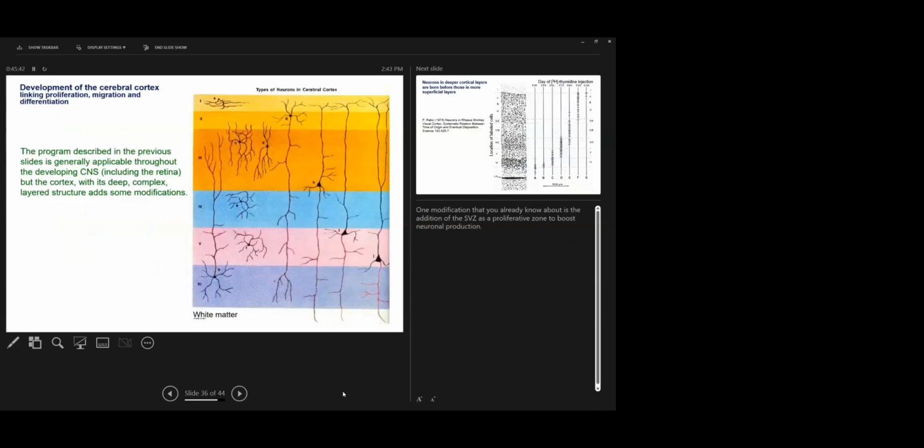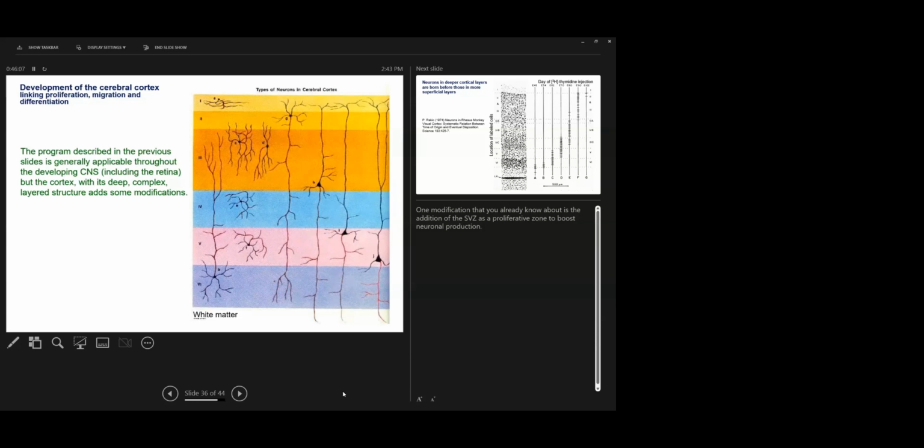Okay, so coming back to this slide, development of the cerebral cortex: the cortex is receiving input from different parts of the brain, and the cells also migrate to the cortex. It shows the migration and differentiation. So the program described in the previous slide is generally applied throughout the developing CNS.